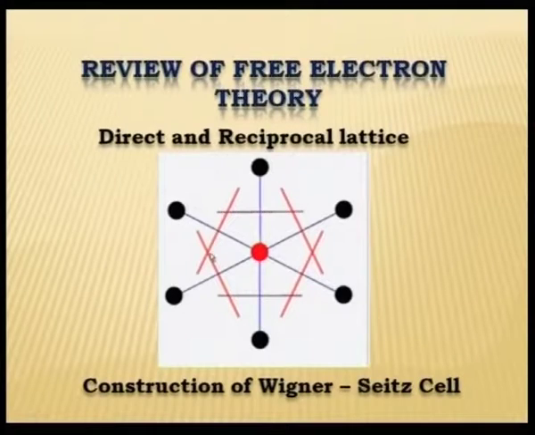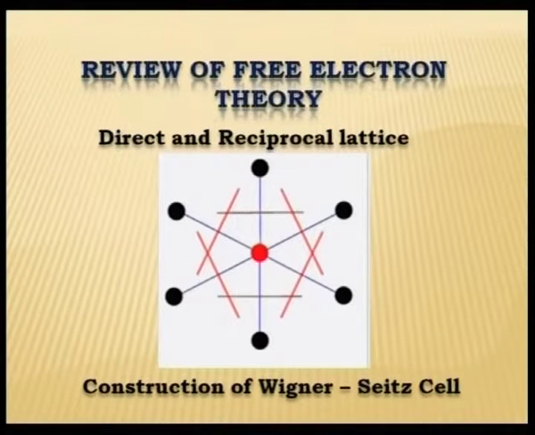You have to use the translation vectors B1, B2, B3 and generate what is called the reciprocal lattice. The same way as you have done in the direct space, you do it in the reciprocal space.